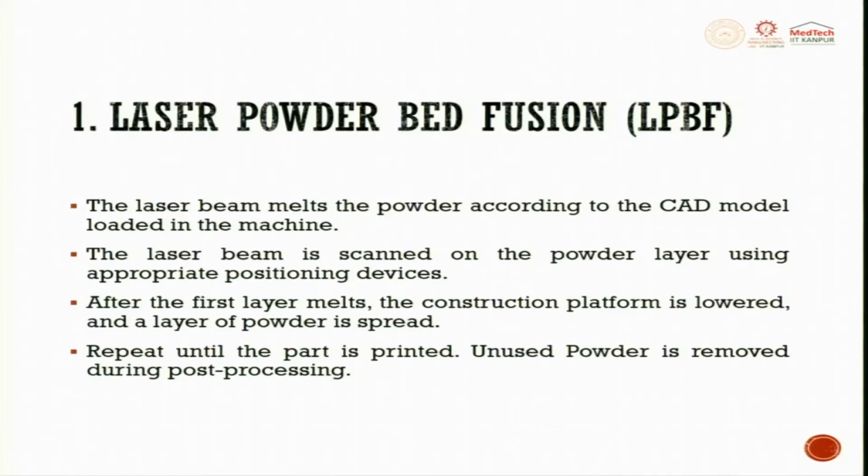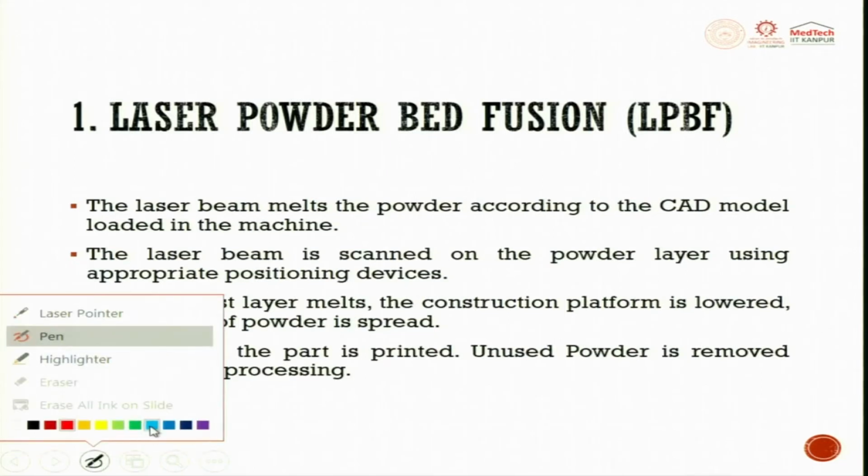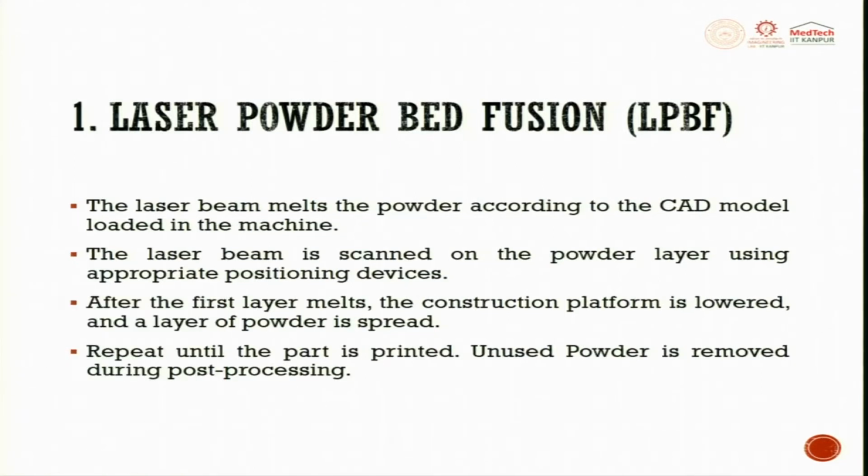When we talk about laser, laser is a coherent source. This coherent source with focused energy can be used for melting. What happens is you have energy which is always in joules.